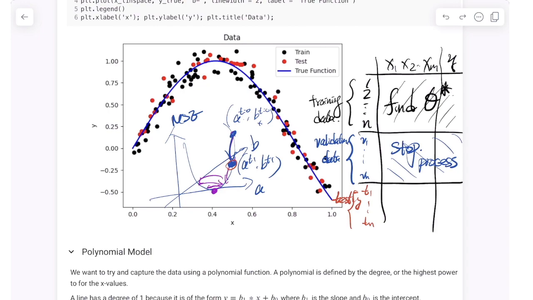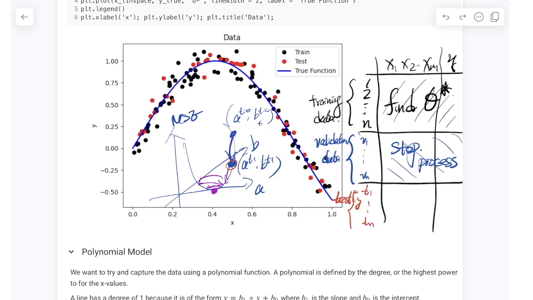If the accuracy increases or the MSE value decreases, that means your current parameters are better than the previous ones, but you don't know if they are the best. So you simply use the black training data to perform gradient descent again to get AT2, BT2, and so on and so forth.